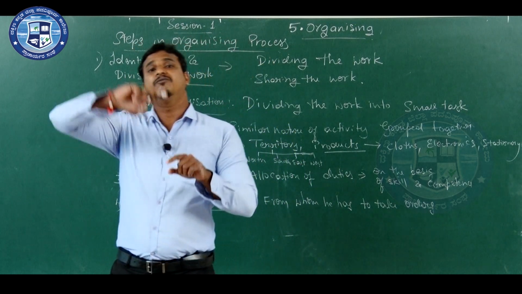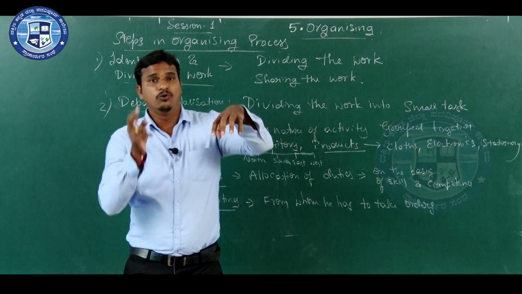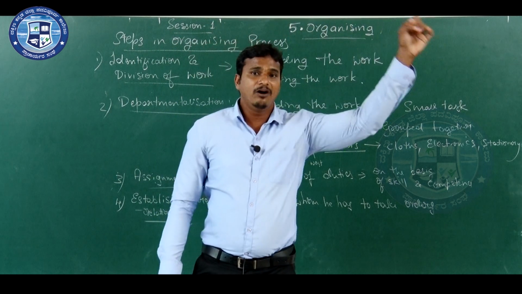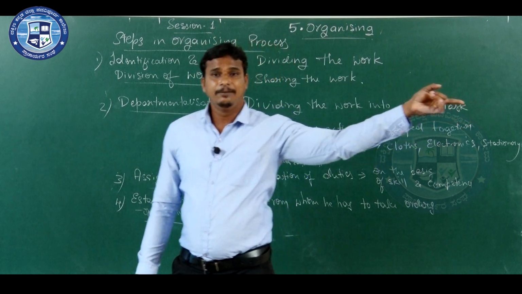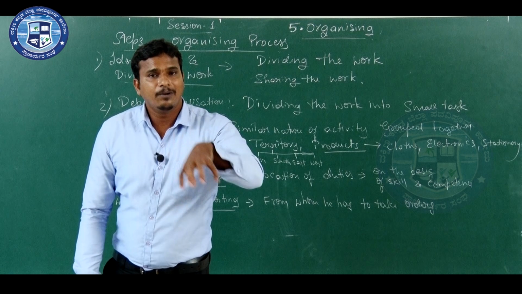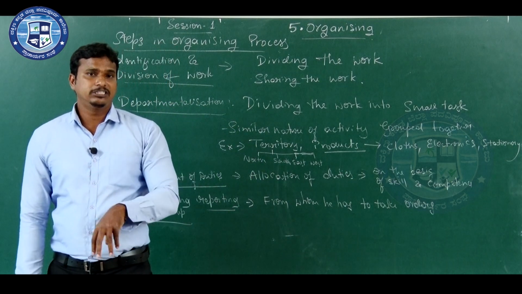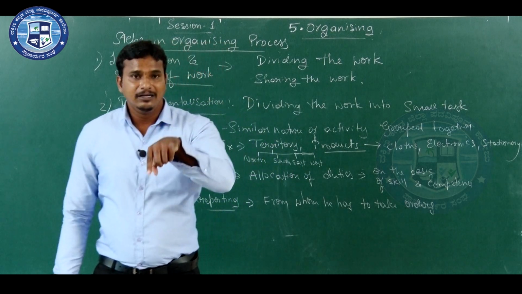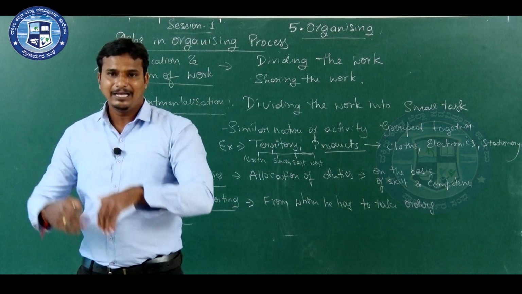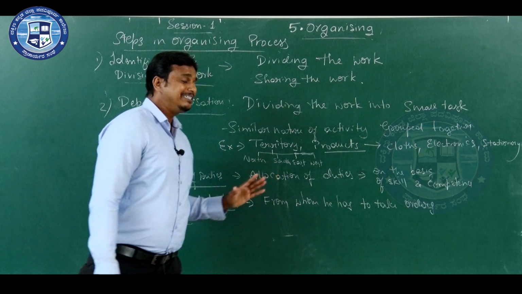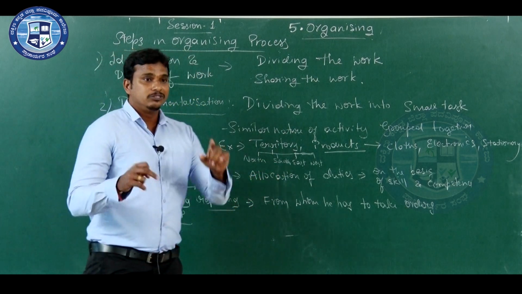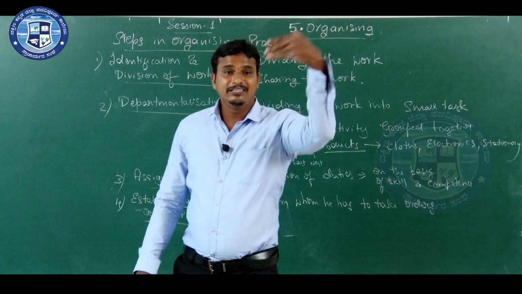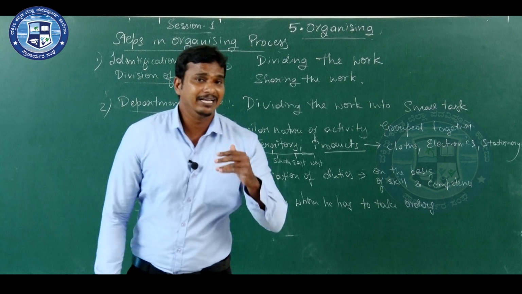He should not go and inform the sales department. He has to inform the production manager, and the production manager informs the accounts or finance department that we need to buy materials for production purposes. Then immediately the accounts department will give permission to buy the materials. So this is how reporting is established. He has to know to whom he has to report and from whom he has to take orders.